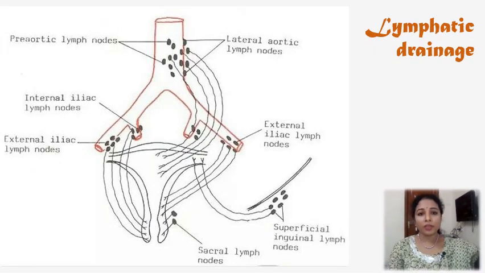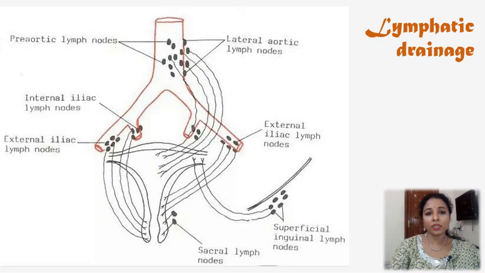Next, about the lymphatic drainage, the fundus and the upper part of the body drain into pre-aortic and para-aortic lymph nodes. We can see here the fundus and upper part of the body drain into para-aortic or lateral aortic lymph nodes or pre-aortic lymph nodes, with lymphatics traveling along the ovarian vessels.